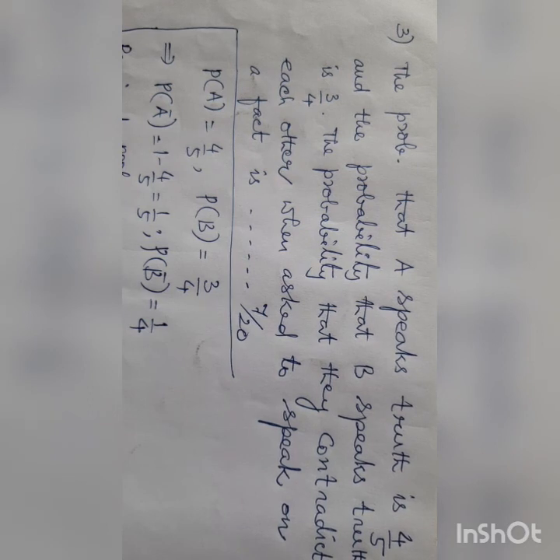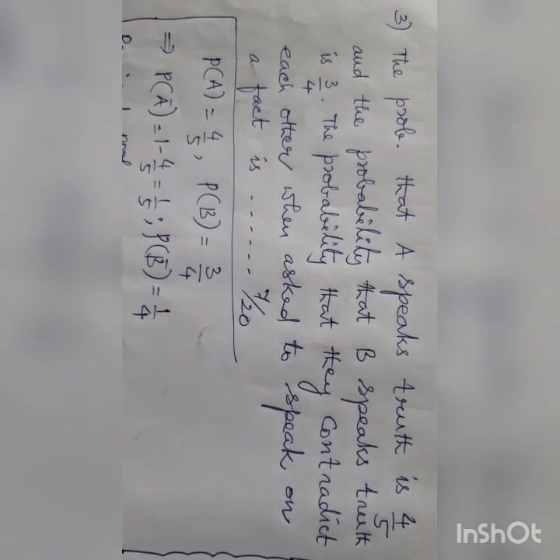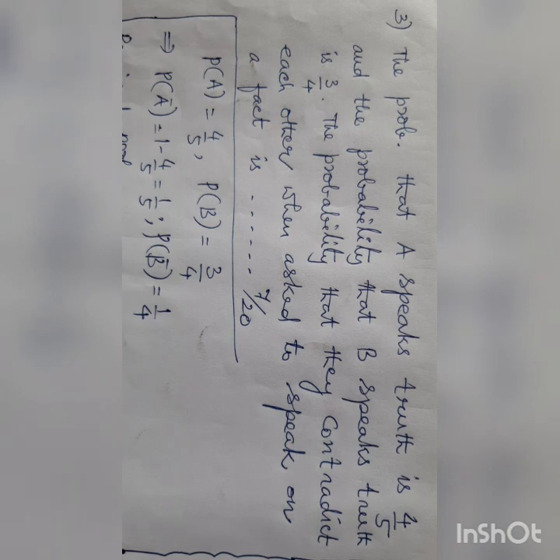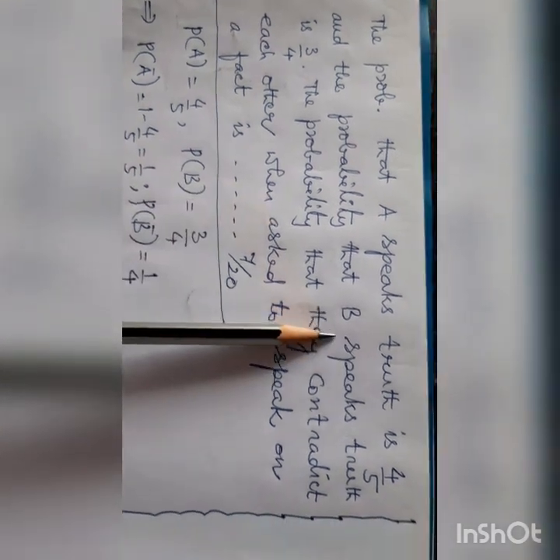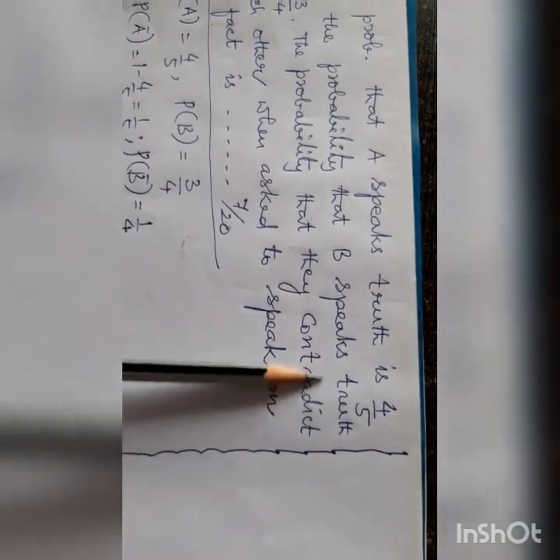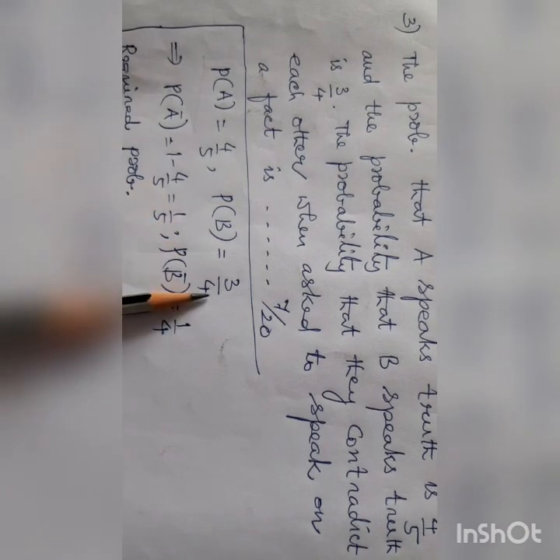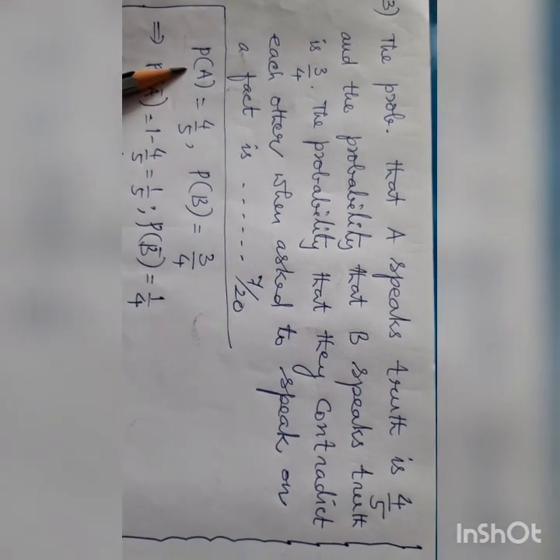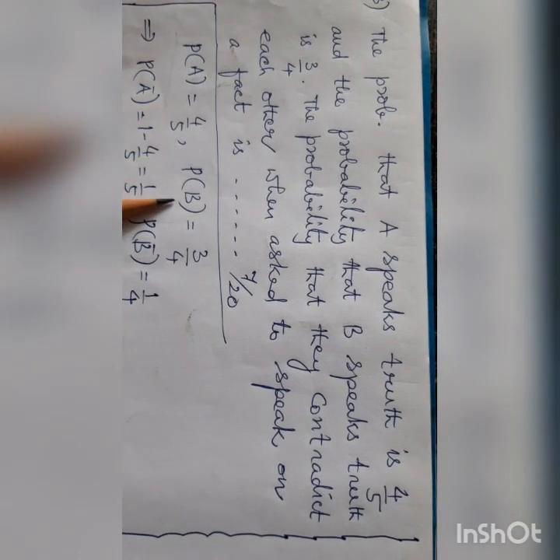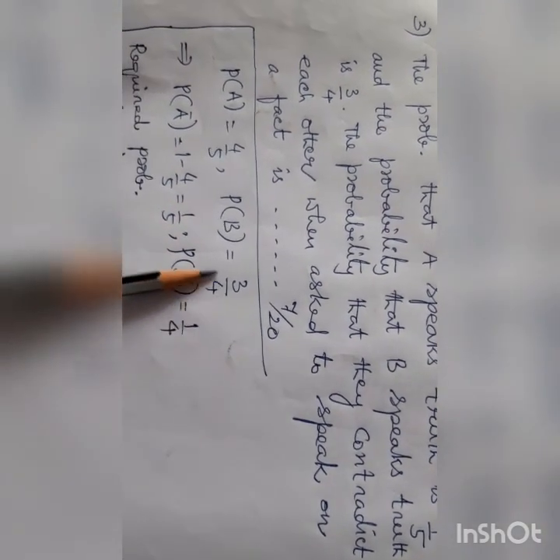Observe. Third question: the probability that A speaks truth is 4 by 5, so P of A is 4 by 5. The probability that B speaks truth, P of B, is 3 by 4. So A speaks truth with probability 4 by 5, B speaks truth with probability 3 by 4.